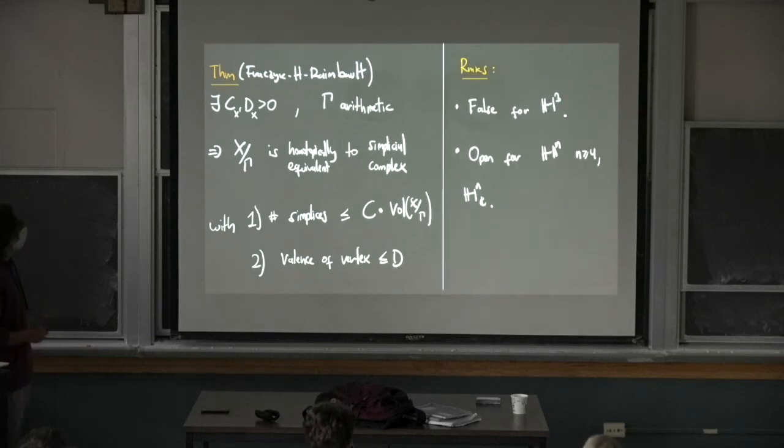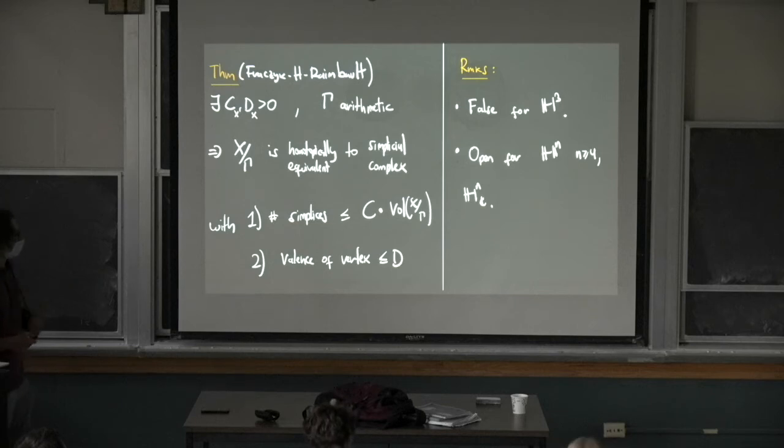Maybe I should make the remark that this is false for groups that are not arithmetic. In H3, there is this thing called dense surgery, which allows you to construct infinitely many manifolds with volume bounded by, let's say, 1 million.